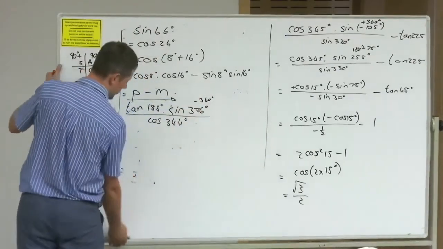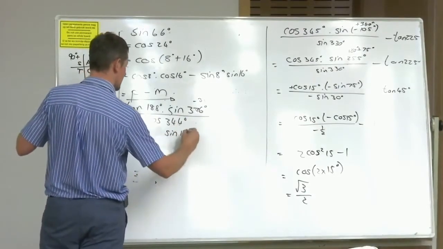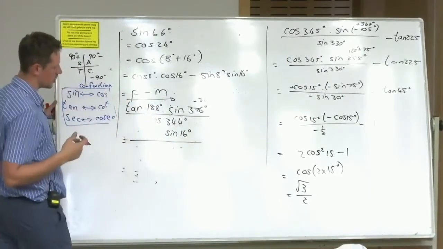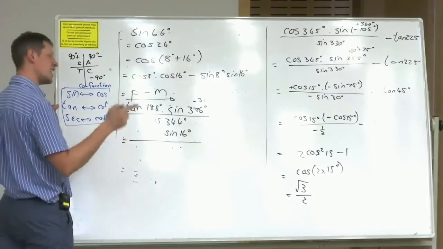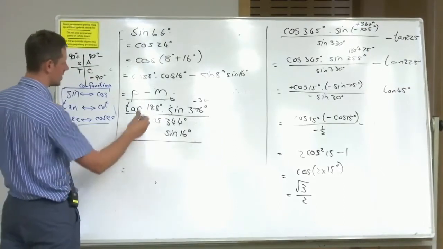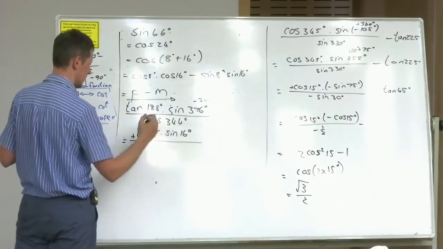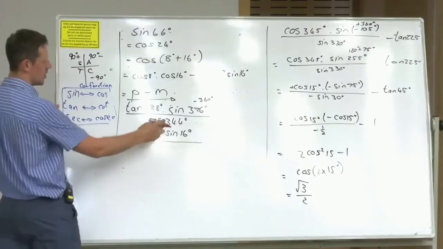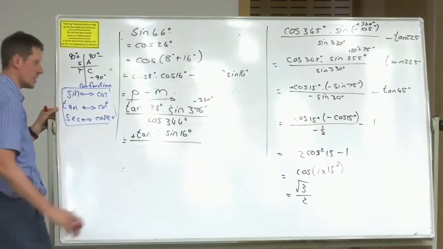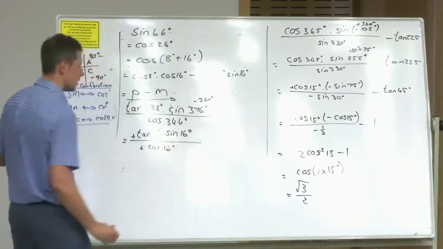And I'm too lazy to write everything out, so I'm going to go sine of 16. And now this one is already between 0 and 360, but I want to get it between 0 and 90, so I'm going to skip to step 2 automatically. Third quadrant, so it's positive tan 8. This one is between 0 and 360, so let me get it between 0 and 90, so it is positive cos of 16 degrees.